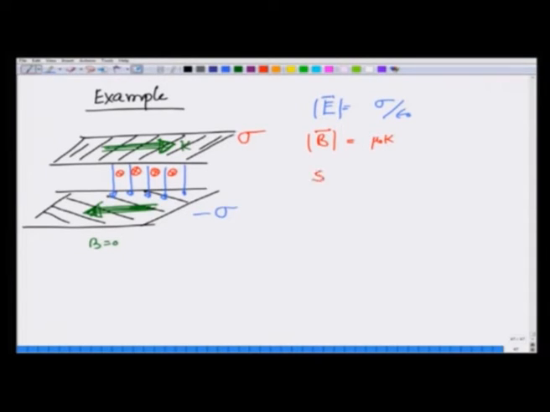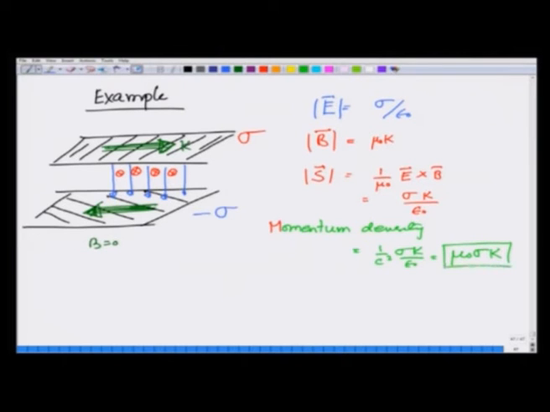Therefore, the S vector magnitude, which is 1 over mu 0 E cross B, is going to be equal to sigma k over epsilon 0, and the momentum density is going to be 1 over c square sigma k upon epsilon 0, which is mu 0 sigma k. That is the momentum density, or momentum content per unit volume, in this region.